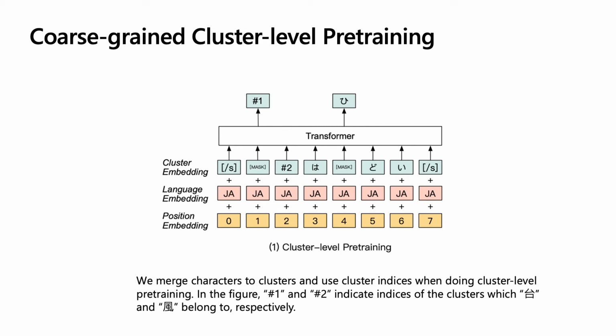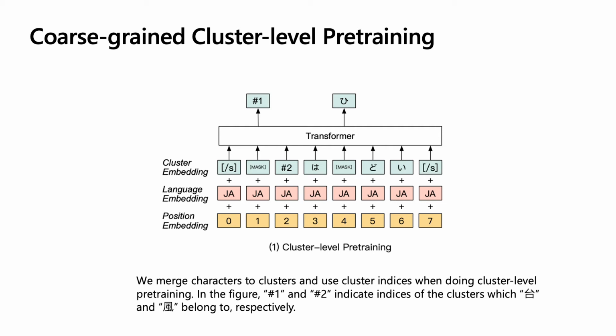So here is the workflow of our pre-training. We first use a coarse-grained cluster level pre-training. We merge characters to clusters and use cluster indices when doing cluster level pre-training.